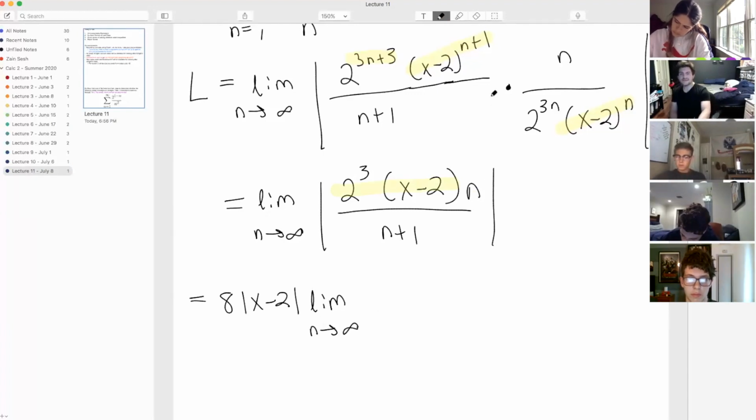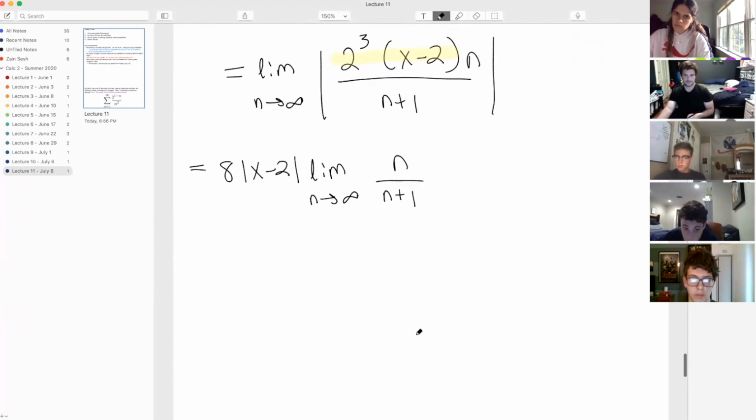And now what's left in the limit is positive, so I will not write the absolute values. n over n + 1. Good. And what is this limit equal to? Well, that's just 1. Yes, 1, exactly. So I'm just going to write this as 8 multiplied by the absolute value of x - 2.